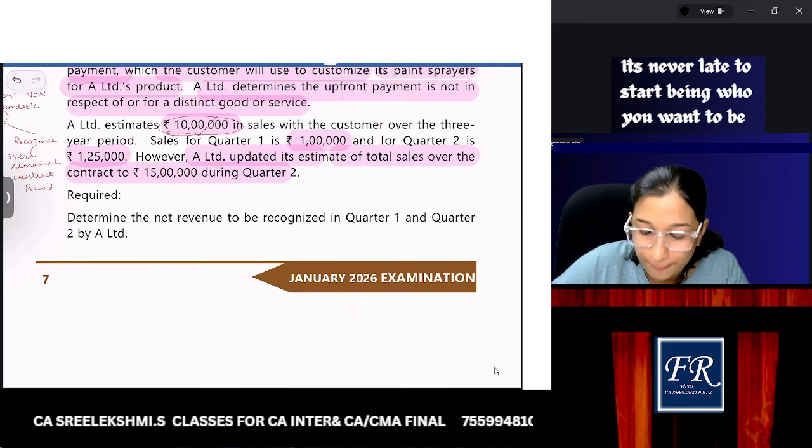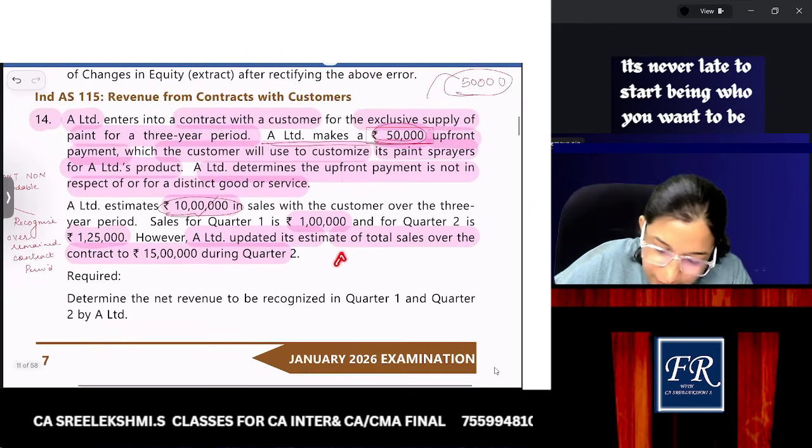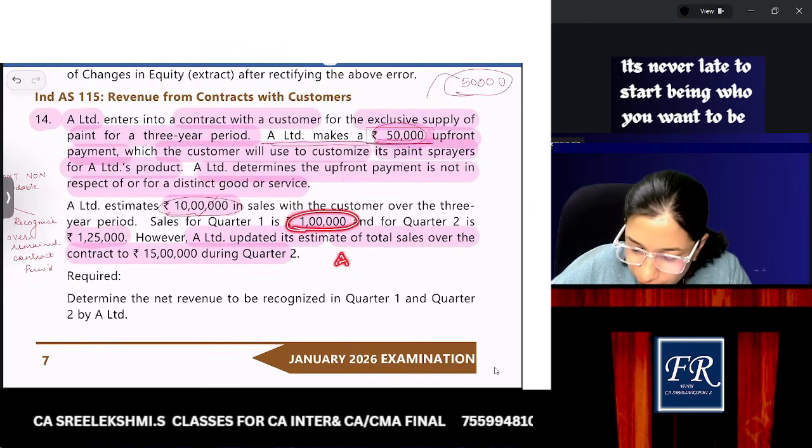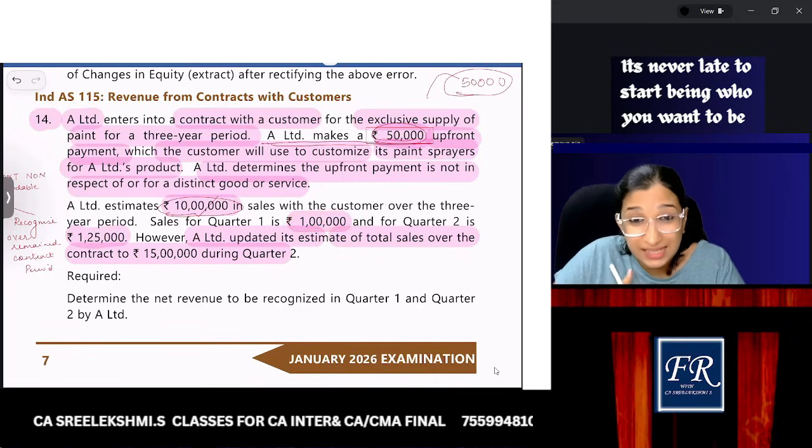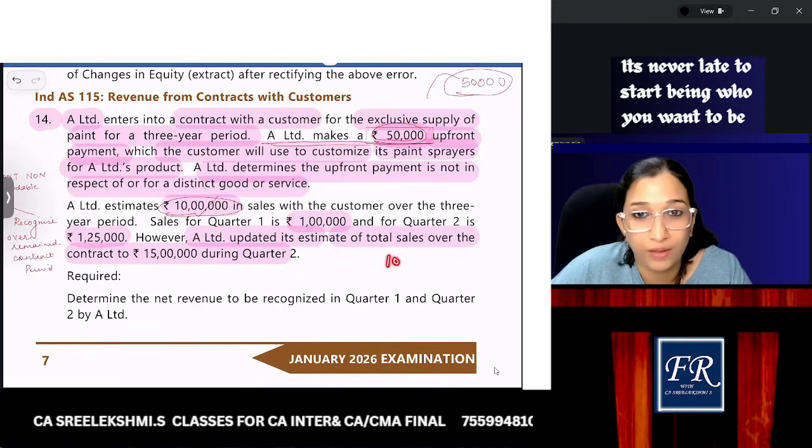I noticed it is given to the customer. So A Limited is getting total sales of 1 lakh in quarter 1. Normal course revenue is 1 lakh. But I gave an upfront fee.